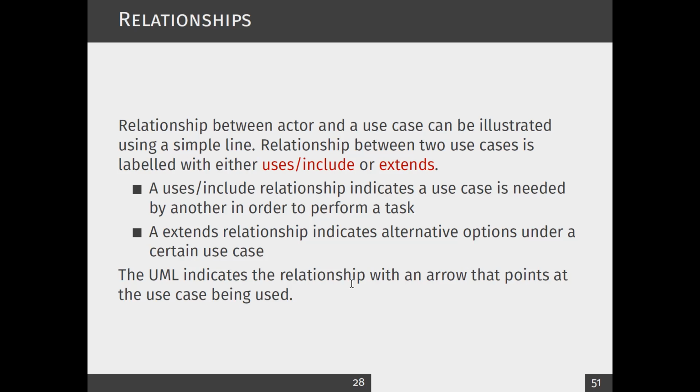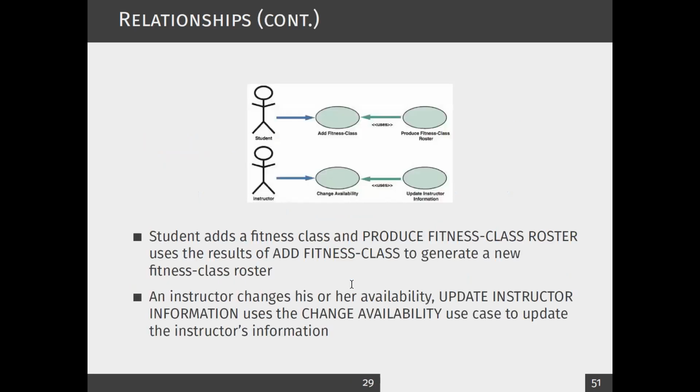So the arrow is indicating which use case is actually being used. So let's see some examples now. Now you can see, student, we have add fitness class, and then the product fitness class.